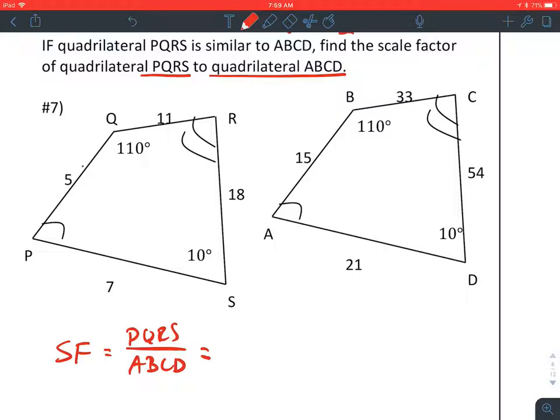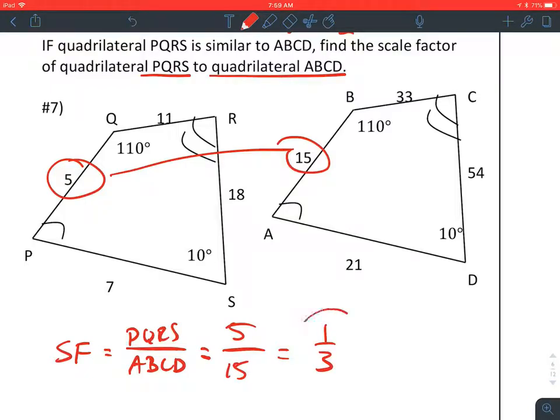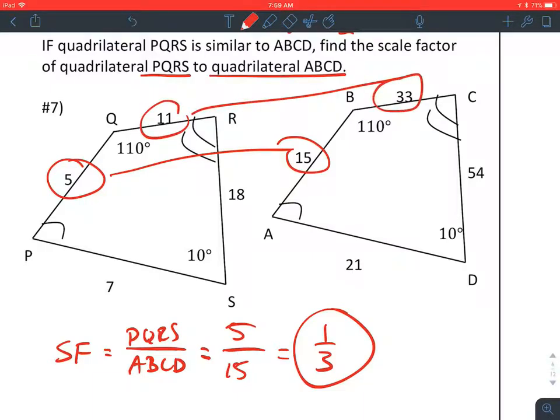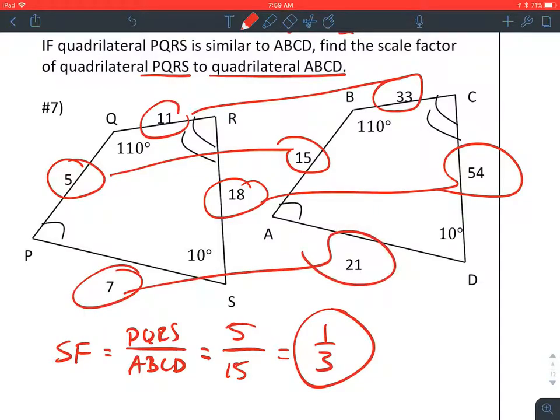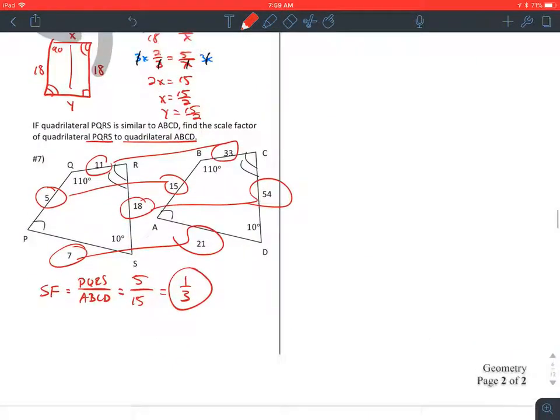We're going to pick any side from PQRS, put it over its corresponding side in ABCD, and reduce. Scale factor is 1/3. Had someone else picked 11 and 33, you'd get 1/3. Someone else picked 18 and 54, you get 1/3. Someone else picked 7 and 21, you get 1/3.